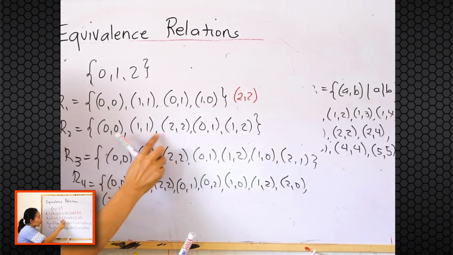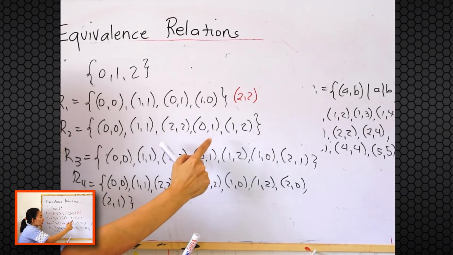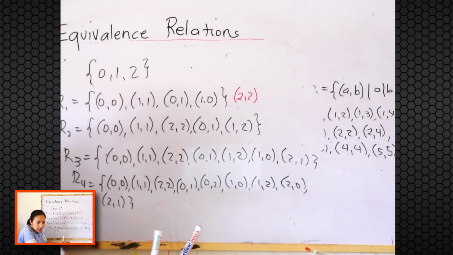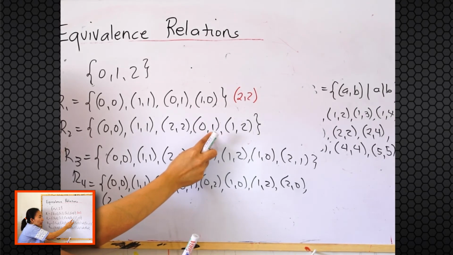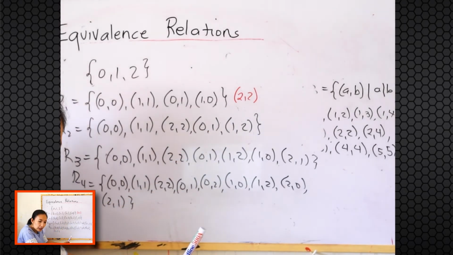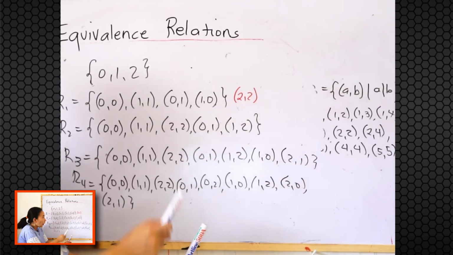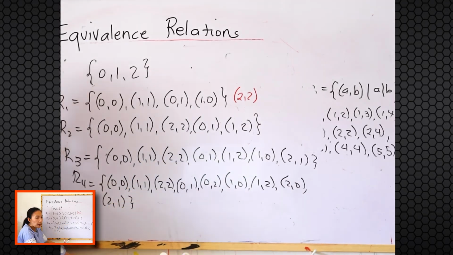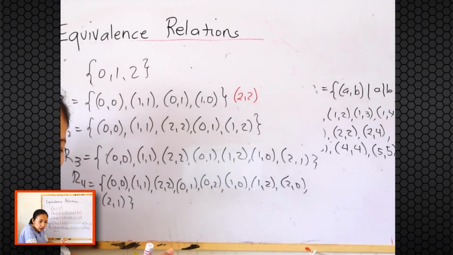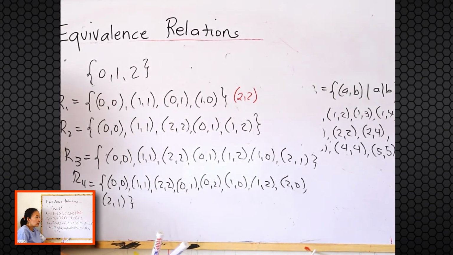We have (0,1). If this is symmetric, then we should have (1,0). It doesn't have (1,0). Therefore, what can we say about number 2? It is not an equivalence relation.